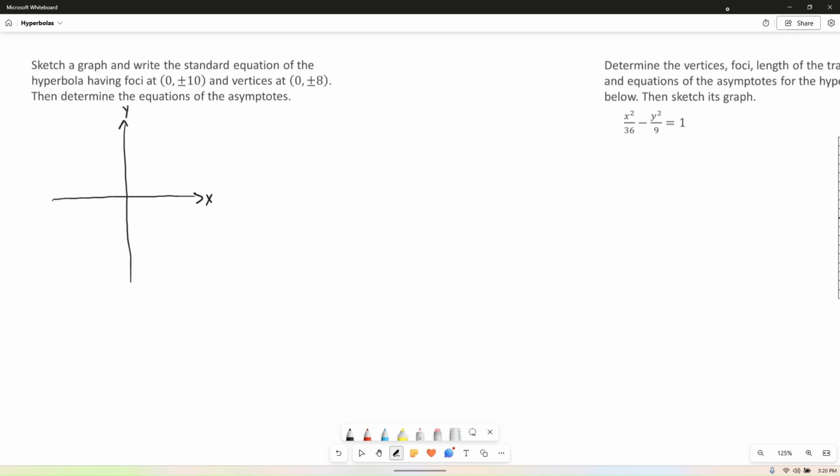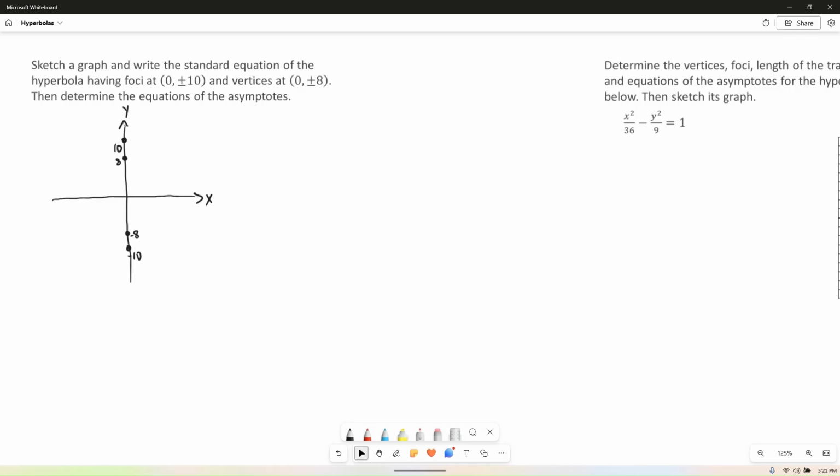And I know the foci are at ±10. And I know the vertices are at ±8. Okay.